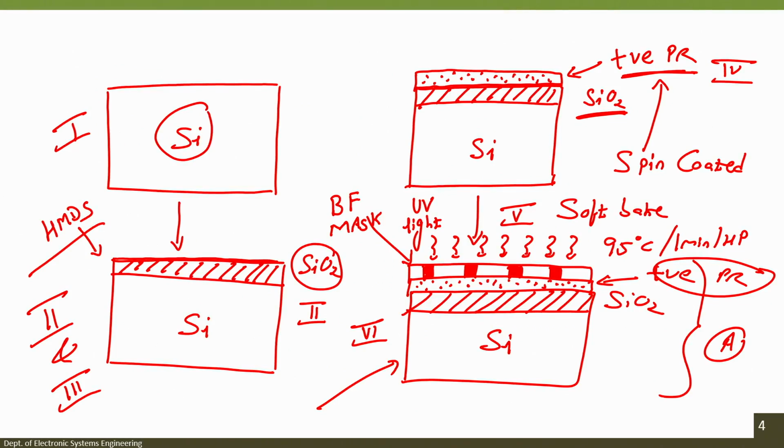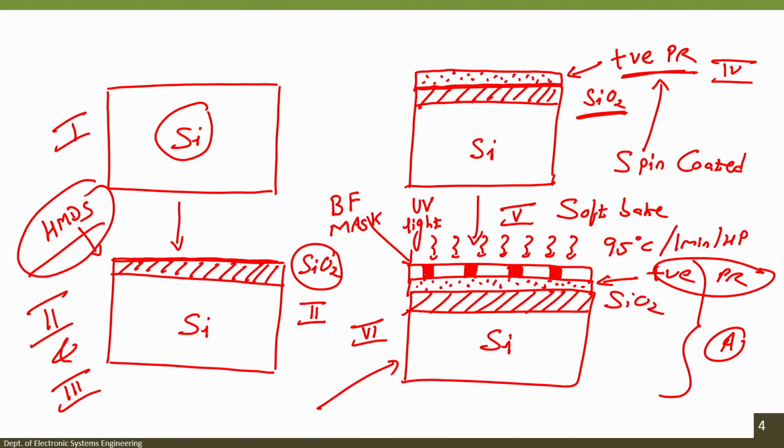So, let us again quickly see. The first step would be the silicon wafer, the second step would be oxidized silicon, or silicon dioxide grown on the silicon wafer with the help of thermal oxidation. The next step would be to spin coat HMDS on this, followed by placing the wafer on a hot plate at 100 degree centigrade for 1 minute.